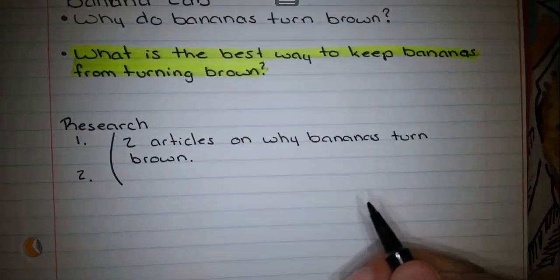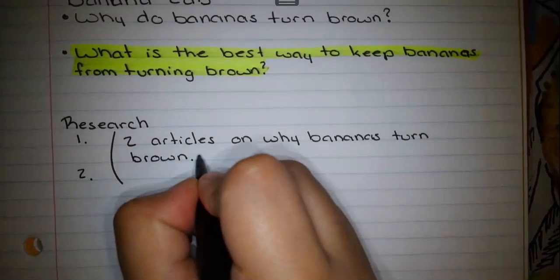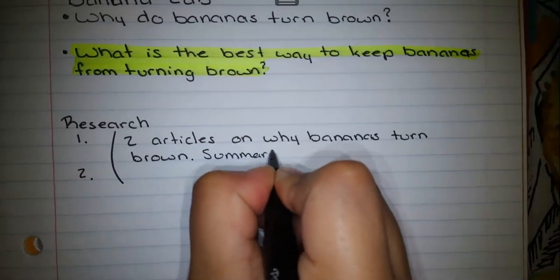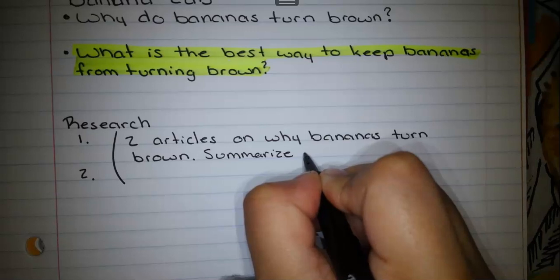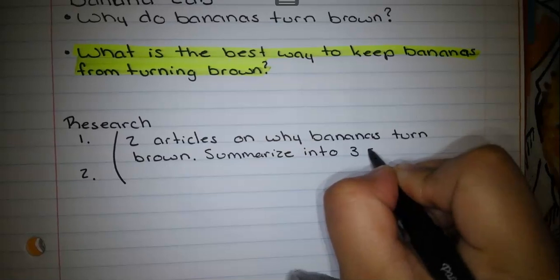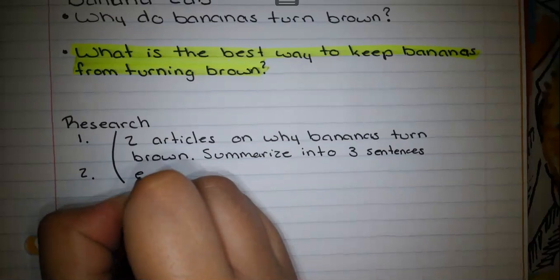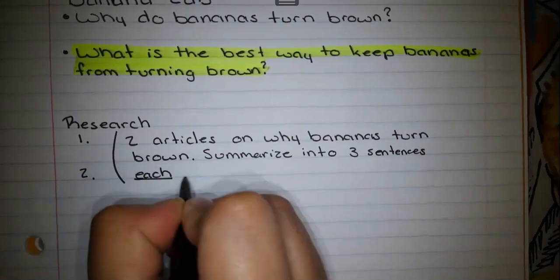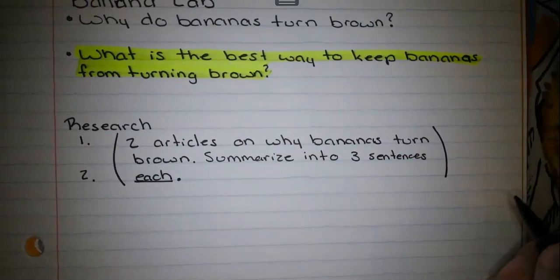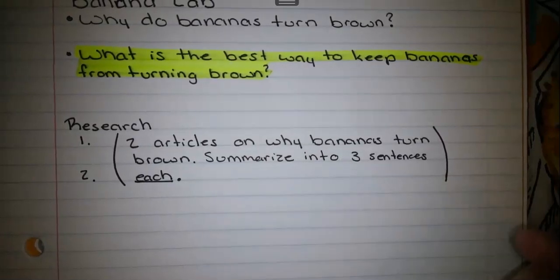And what you're going to do is summarize them into 3 sentences each. Okay? And that is for why bananas turn brown.